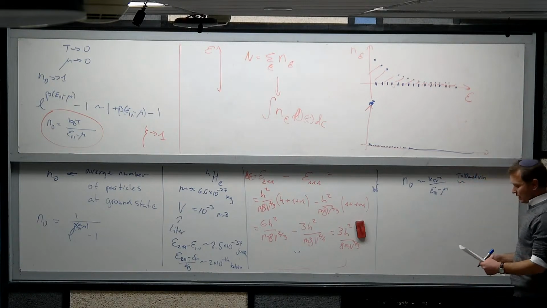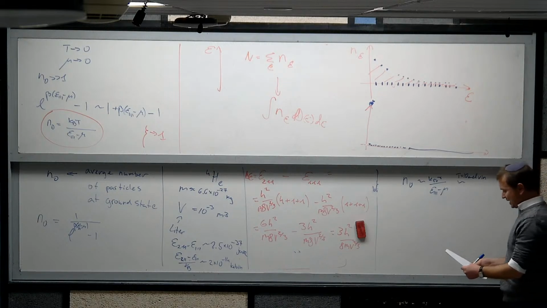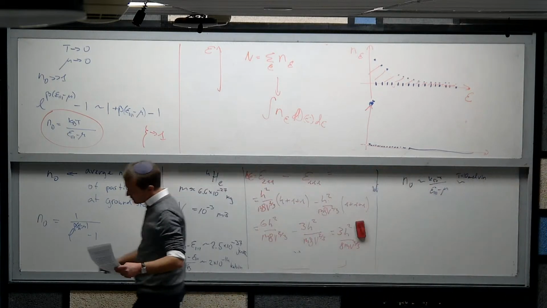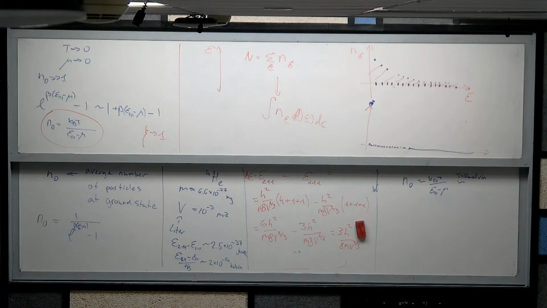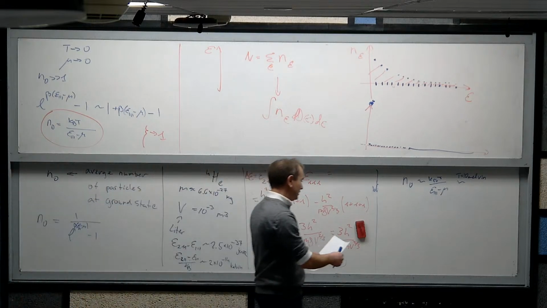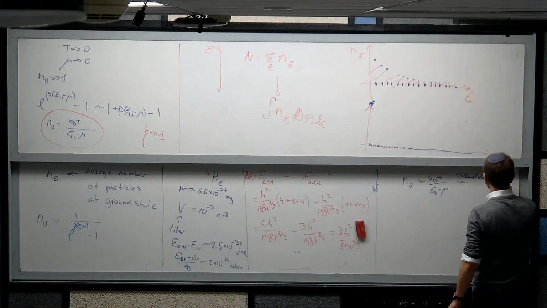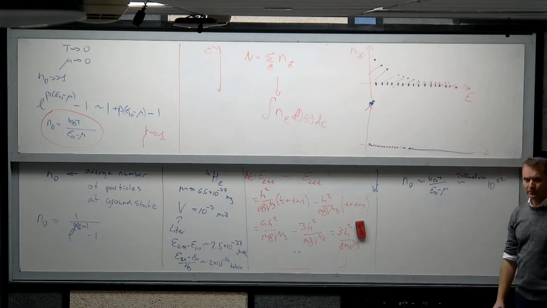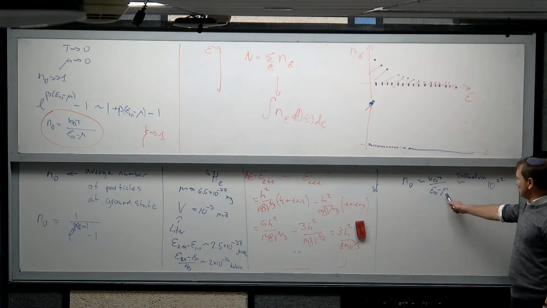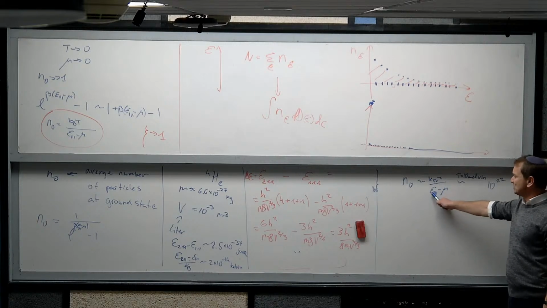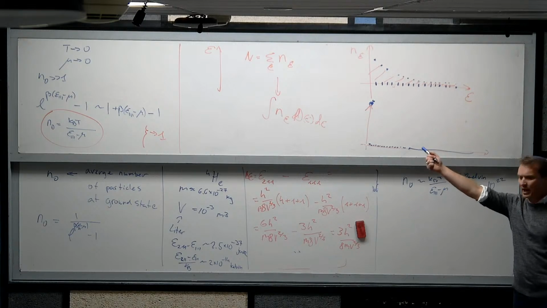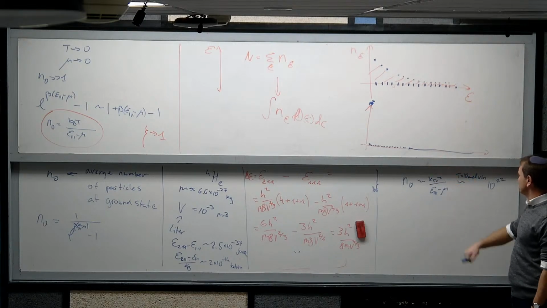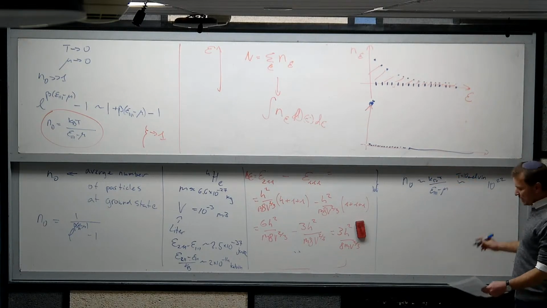What we are going to obtain is that this number is on the order of 10 to the 22. So I'm using that mu goes almost to 0, I'm using epsilon 111 as the value that we had before, I'm substituting here T as 10 Kelvin, and this is what I obtain.